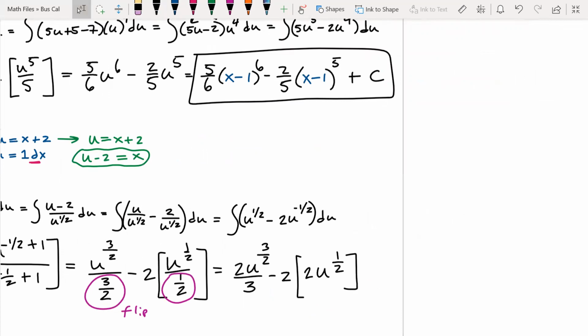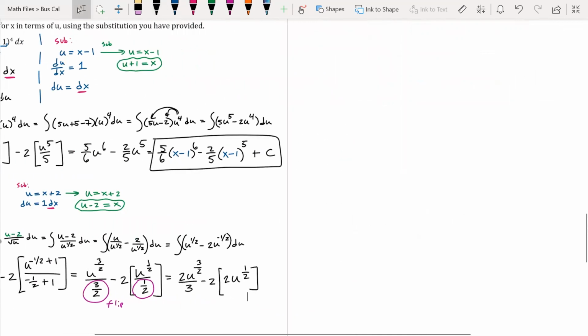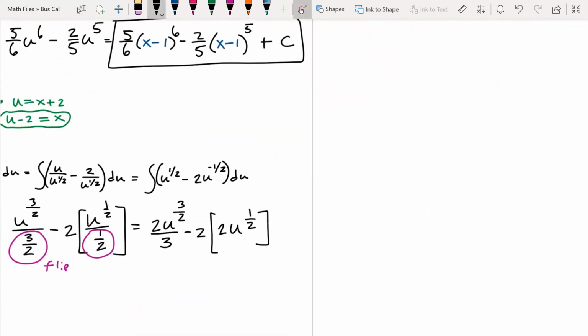All right. Keep this going here. And then rewrite this as 2/3 u to the 3/2 minus 4 u to the 1/2 plus c.